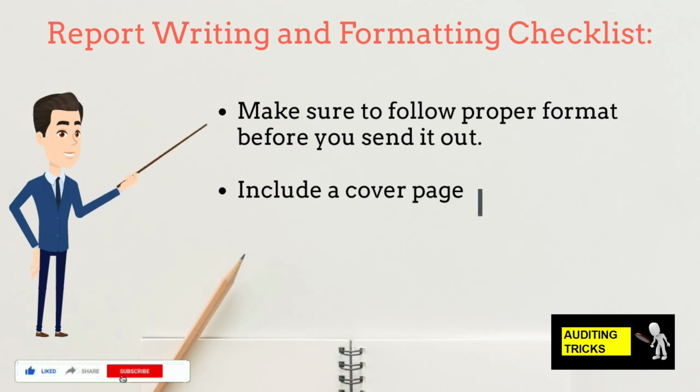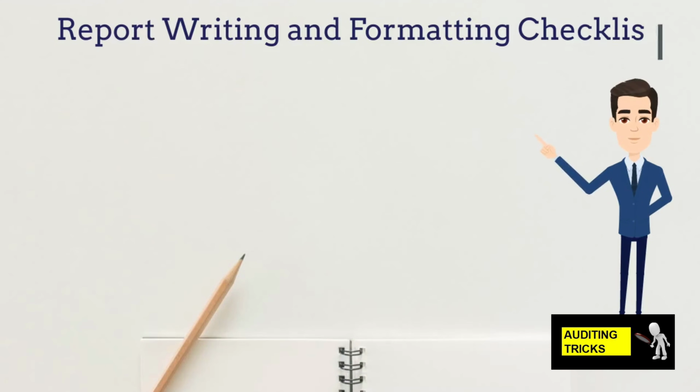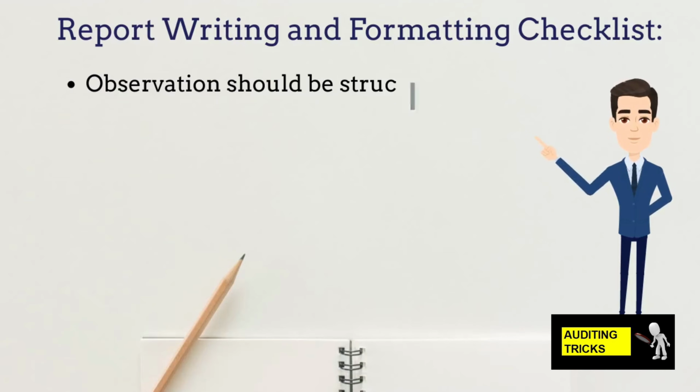Include a cover page. The cover page should be 3 or 4 lines and outline the subject of the audit report and the type of audit. The observation should be structured in the following manner. Current process, SOP as is, what is being followed.